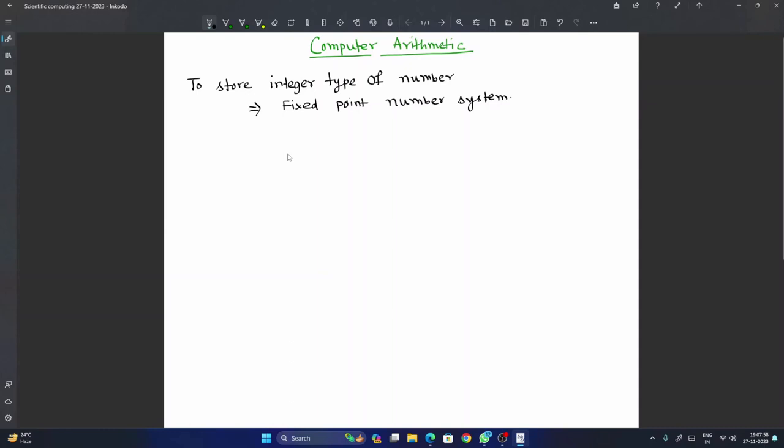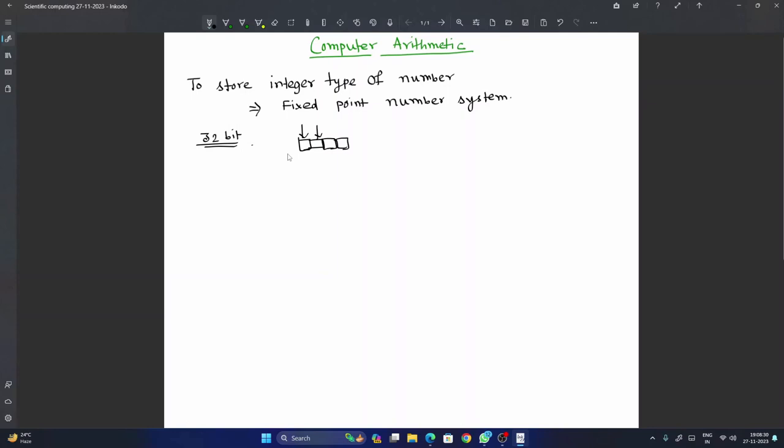So in this fixed point number system, suppose you have a 32-bit machine. That means you have 32 boxes where you can fill in zeros and 1. So if you have 32 such boxes and you can put either 1 or 0, then how many numbers can you build?